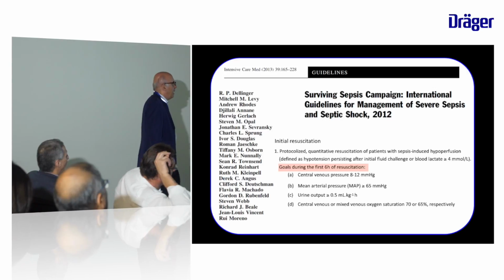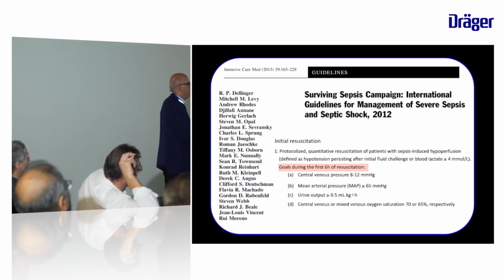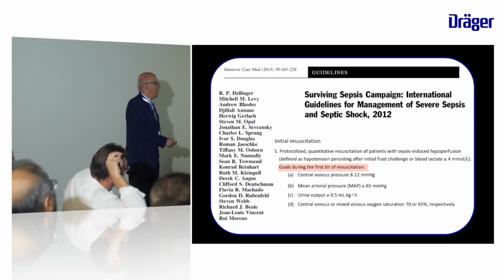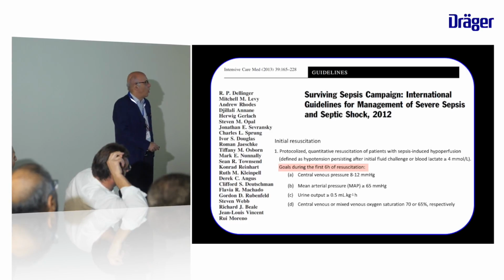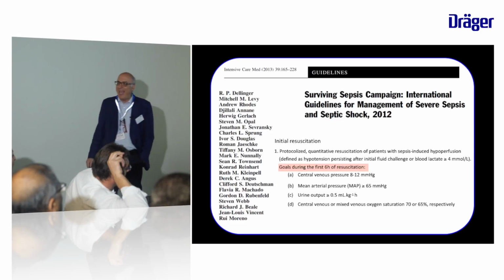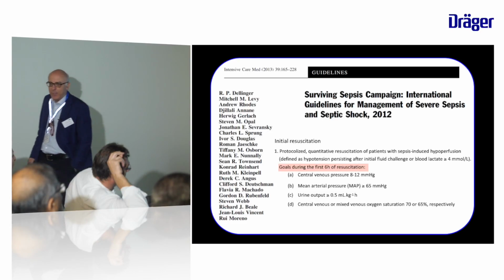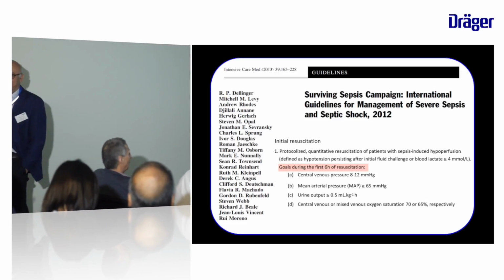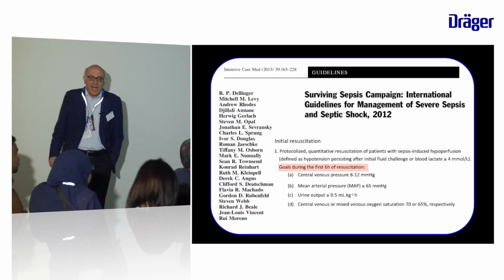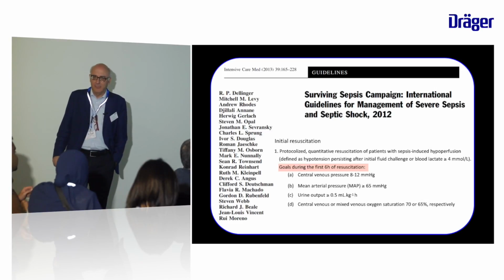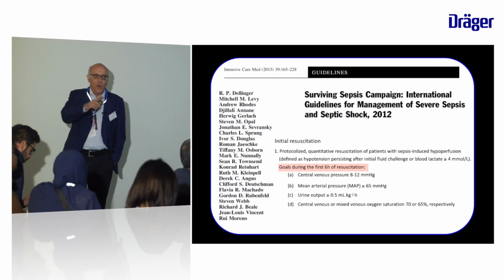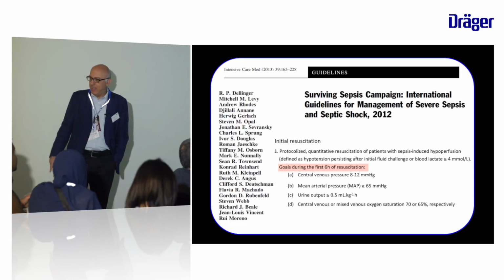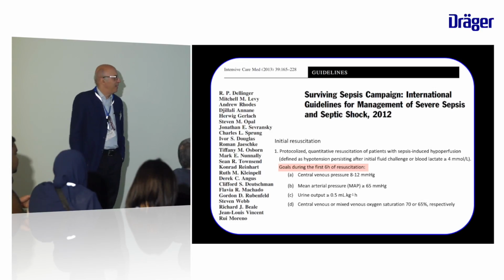That's why, if you remember, in the Surviving Sepsis campaign in 2012, the goals during the first 6 hours of resuscitation, you see there was central venous pressure 8 to 12 millimeters of mercury. Curious for two things. First, because they included CVP there. Second, very high CVP, very high level. And we know that too much may be even associated with worse outcome.